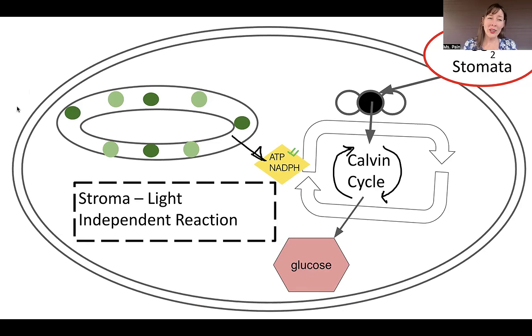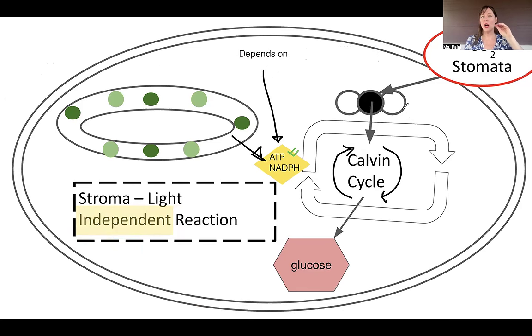This is why they call it the light independent reaction. So it's independent of light, but what it does depend on, it depends on the presence of the energy carriers. So as soon as those energy carriers run out, the light independent reaction stops.